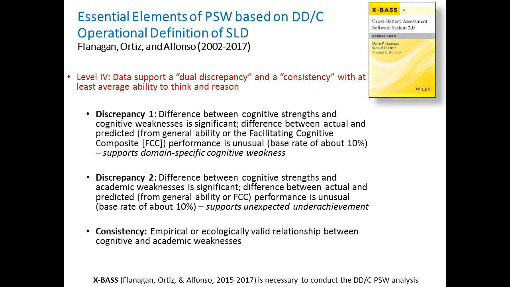Is that difference significant? If it is, then our program uses what we call the facilitating cognitive composite, or the summary of the individual's cognitive strengths. It uses that FCC to predict where the person is expected to perform in that cognitive area that you deemed a weakness. And then it looks at the difference between predicted and actual performance.